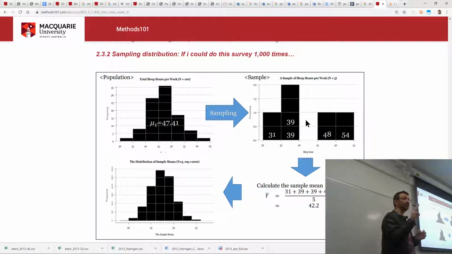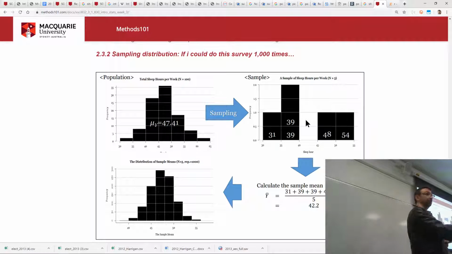But basically, with those three bits of data, the variation within our sample, the mean of our sample, or whatever population parameter we're measuring, and the size of our sample, I'm going to tell you we can, so long as a whole lot of other assumptions hold, actually draw inference about the population parameter, of what that is.